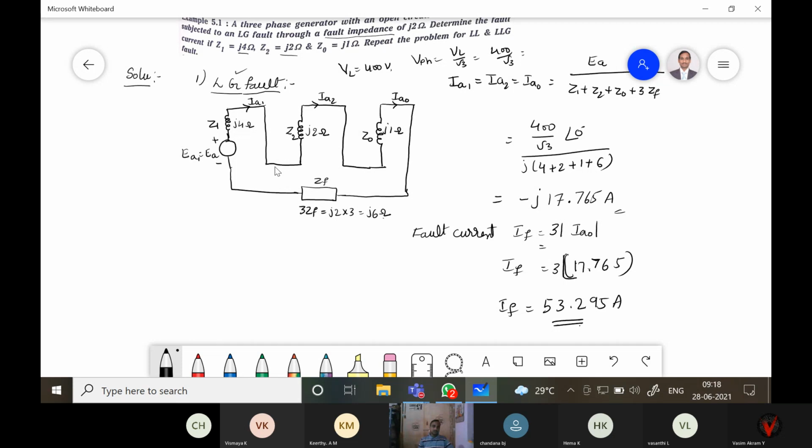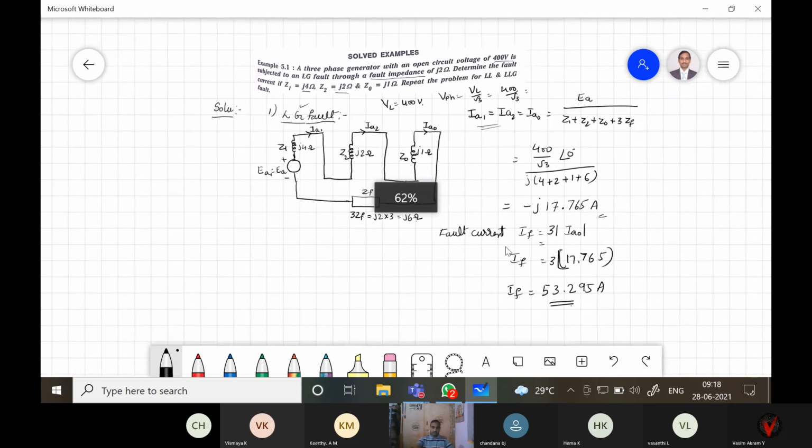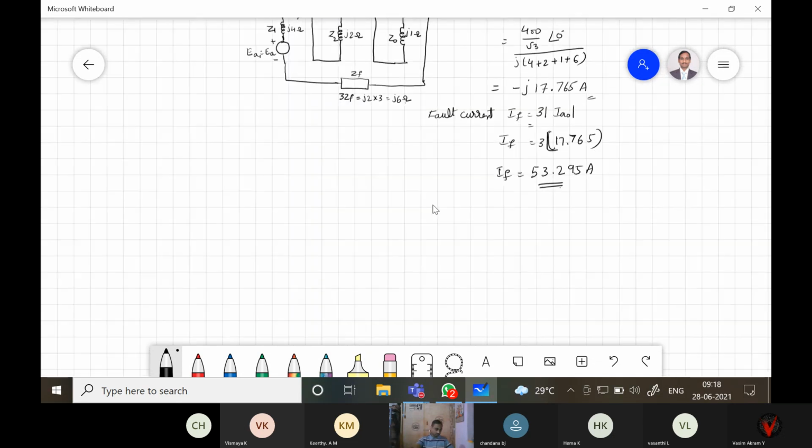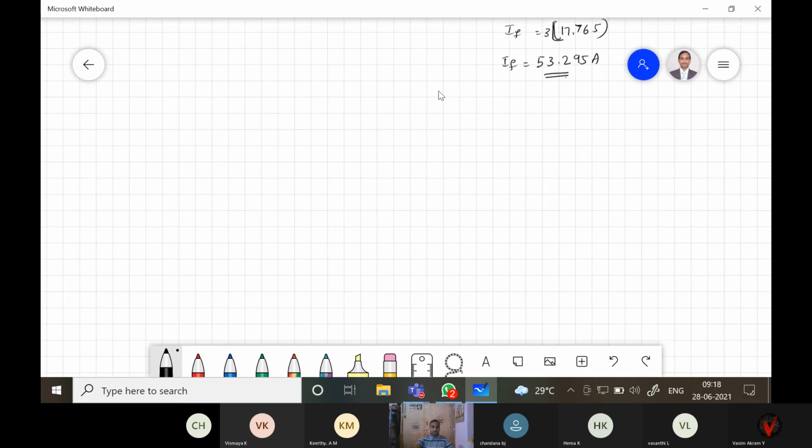It is difficult to remember all the equations, so remember the circuit for LG fault, LL fault and LLG fault. From the circuit we can easily write the equations, right? So now we can move towards the second one, that is LL fault.